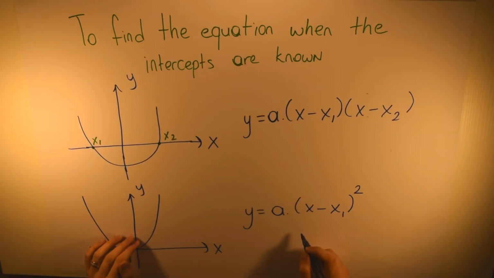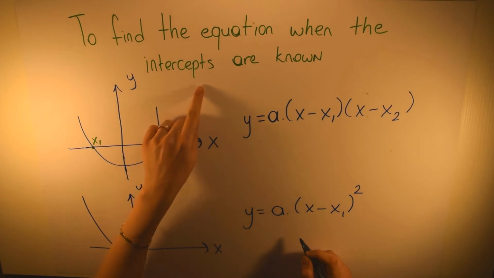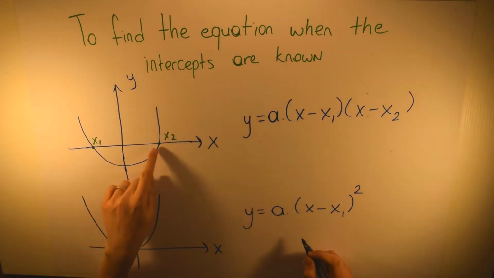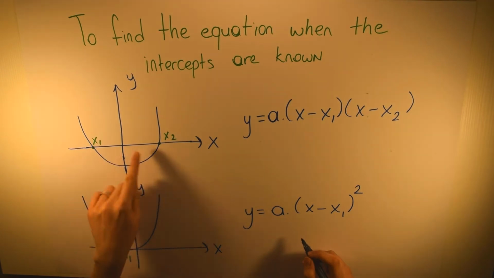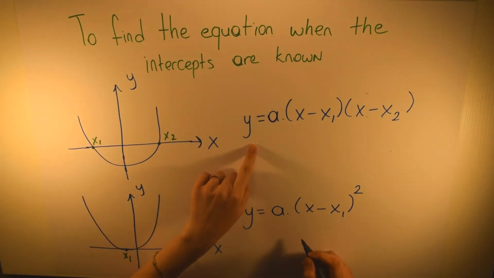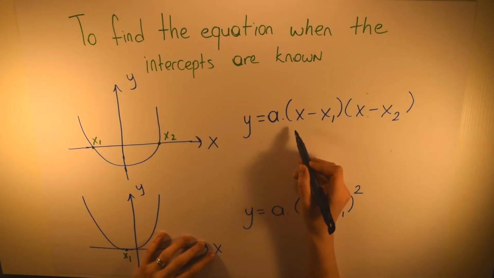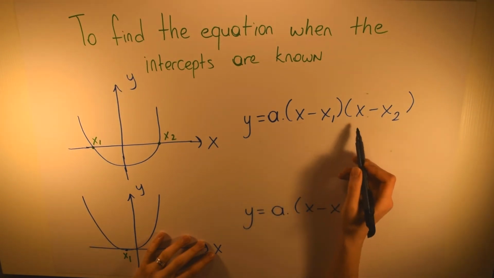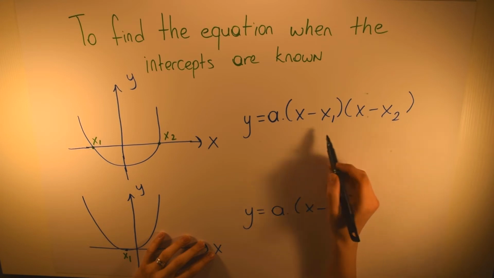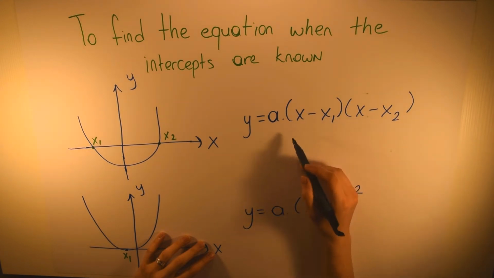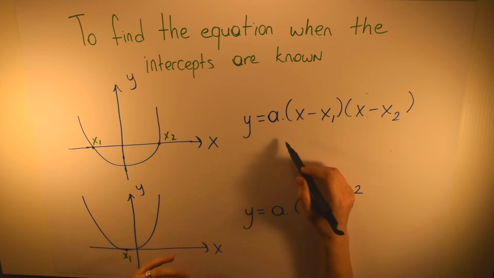Now let's see how to find the equation when the intercepts are known. If you have two x-intercepts, here x1 and x2, this is the formula you need to use: y is equal to a times (x minus x1) times (x minus x2). You just put these values in their places, and after that you do the same thing as we did before to find a.